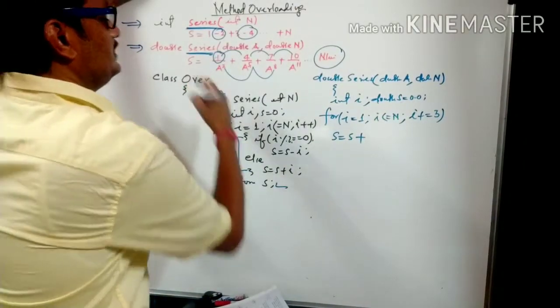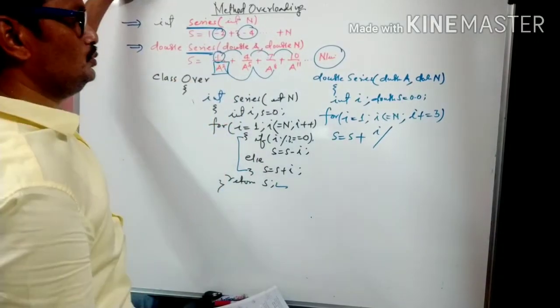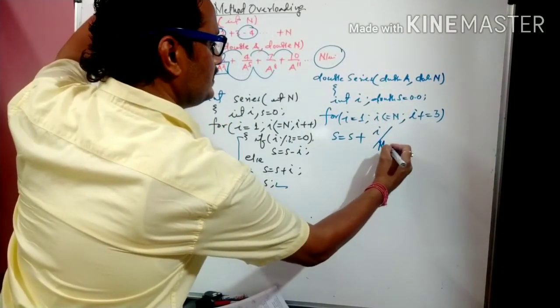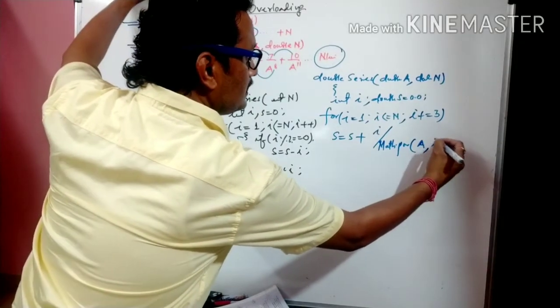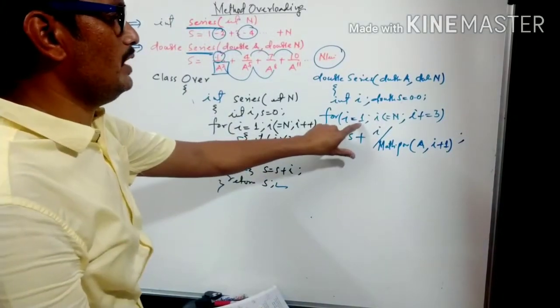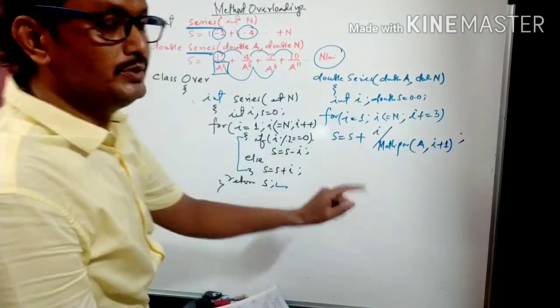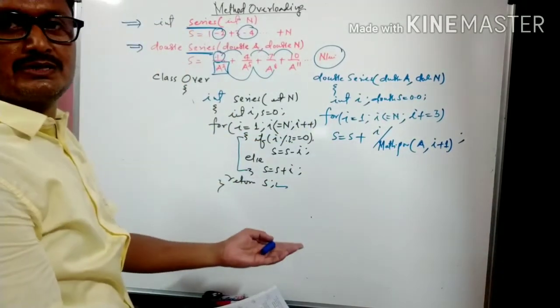Here it is a to the power i plus 1, so we can write Math.pow(a, i+1). What is the value of i? 1, so 1 plus 1 is 2. Next time the value of i will be 4, 4 plus 1 is 5. Simple.